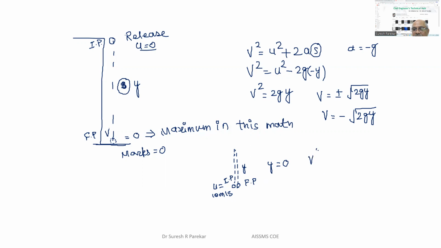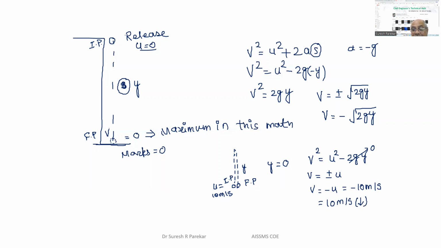Then what is the formula? v square equal to u square minus 2gy. Now Y is 0, so this term is not there. Then v is equal to plus or minus u. And as it is in the downward direction, I have v equal to minus u, meaning my speed is 10, but it is in the downward direction, minus 10 meter per second, or I can say 10 meter per second in the downward direction.